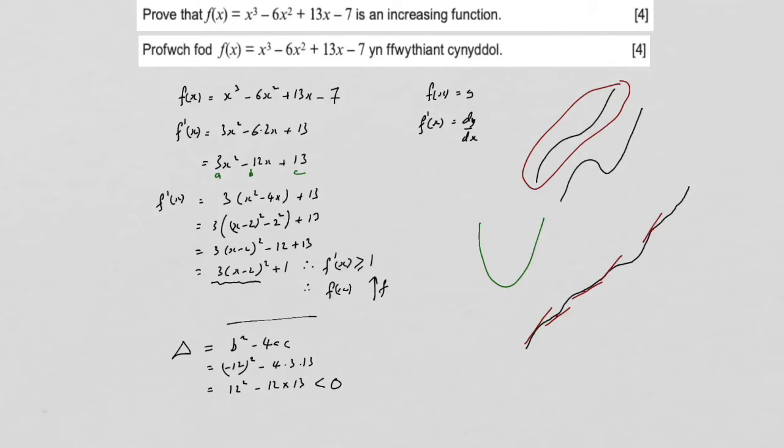Now, because it's a positive quadratic, that means that if it doesn't have any roots, then the axis must be below the minimum, and therefore we've shown that it's positive.